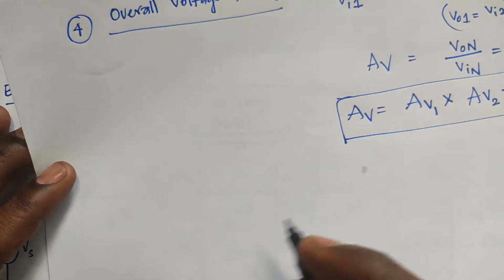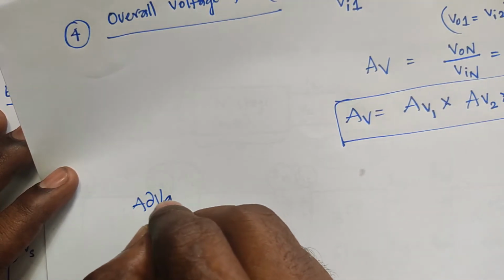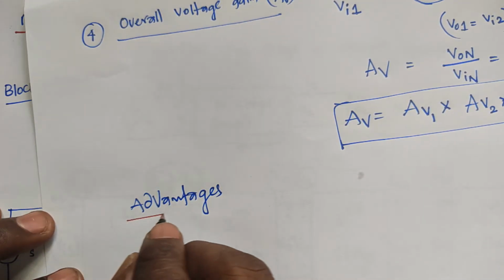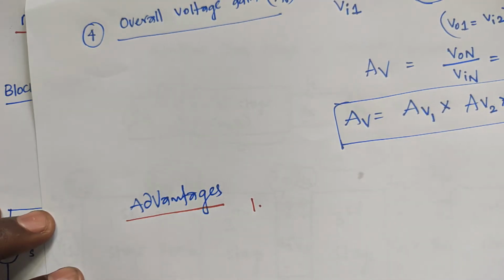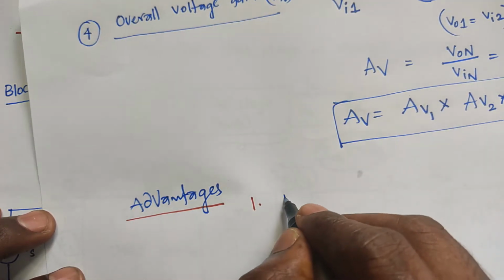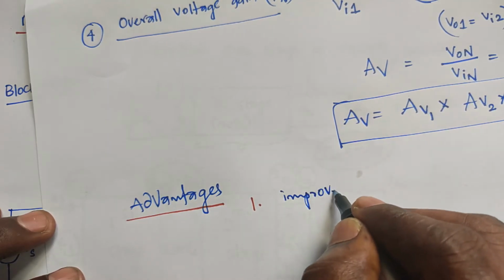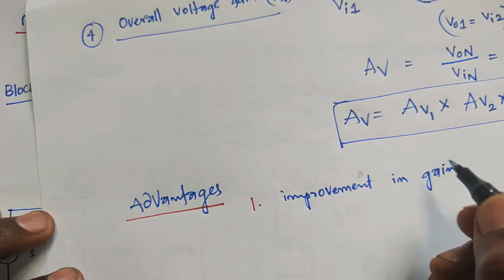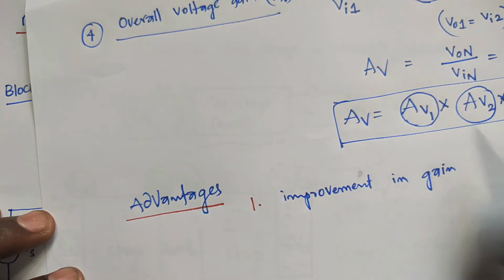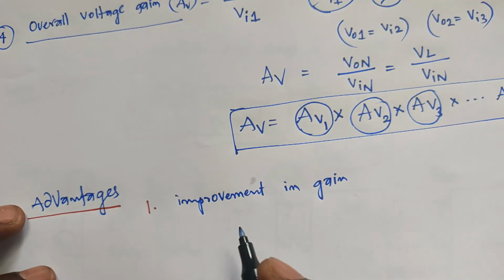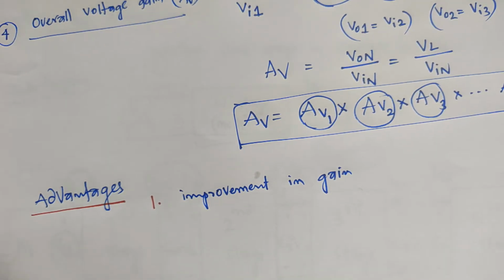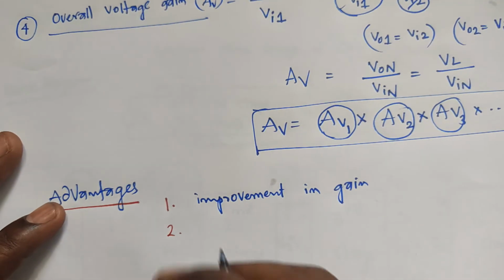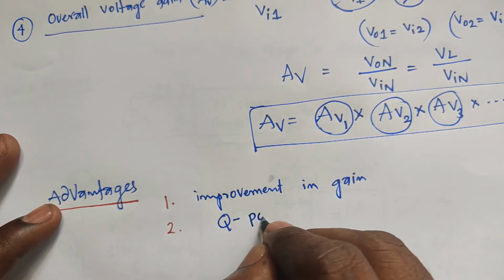So what are the advantages of multi-stage amplifier? Advantages: it is used for improvement in gain. So that is the first stage gain multiplied with second stage and third stage, like that. So that is the improvement in gain. Second point is improving the quiescent point.